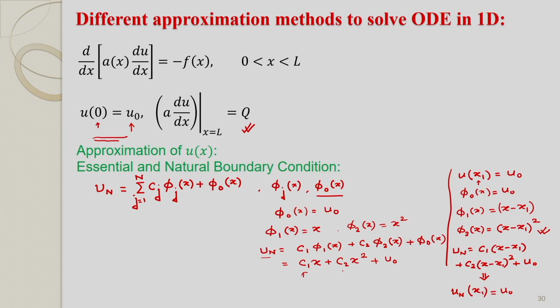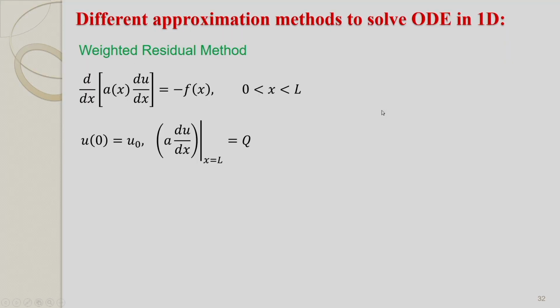Now, in this choice of un, this constant c1 and c2 are unknown. We will solve for these unknown constants with different approximation methods. Now, we will see weighted residual method for solving this ODE.